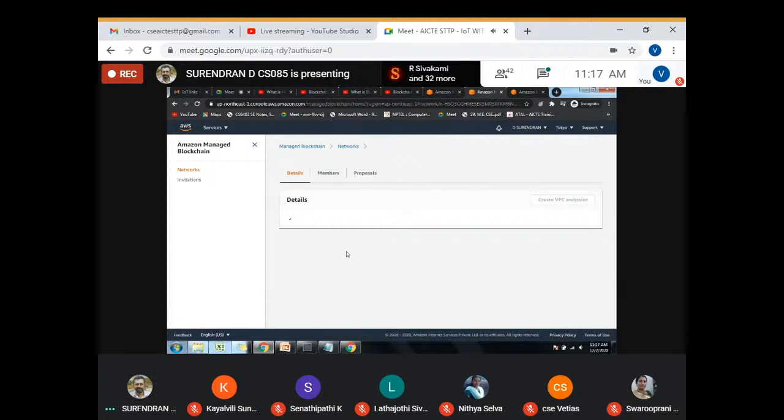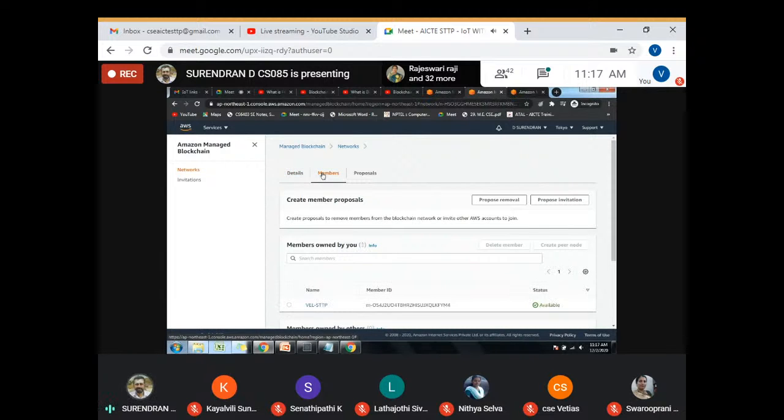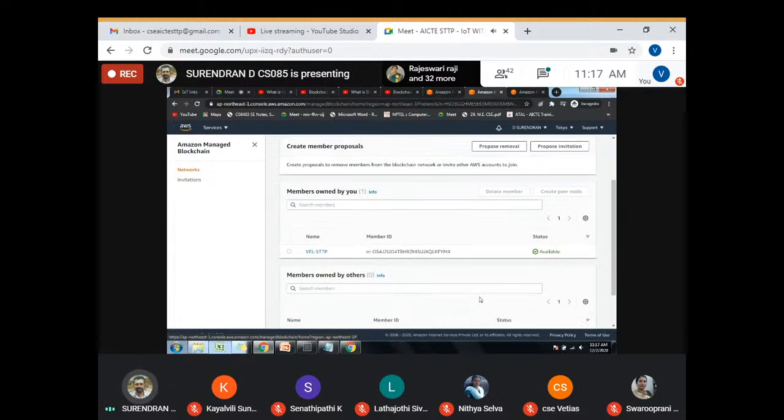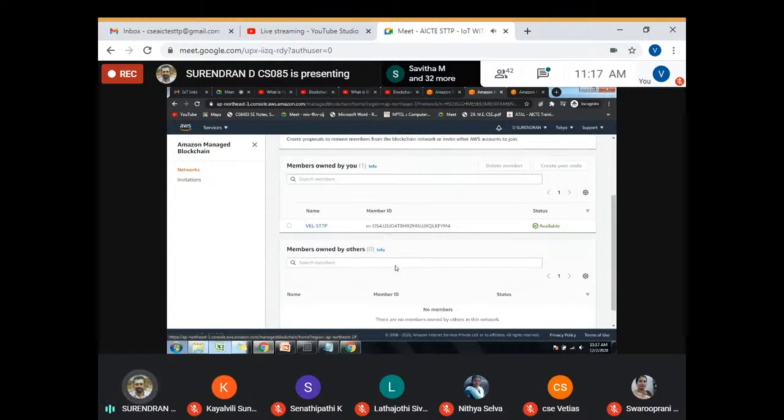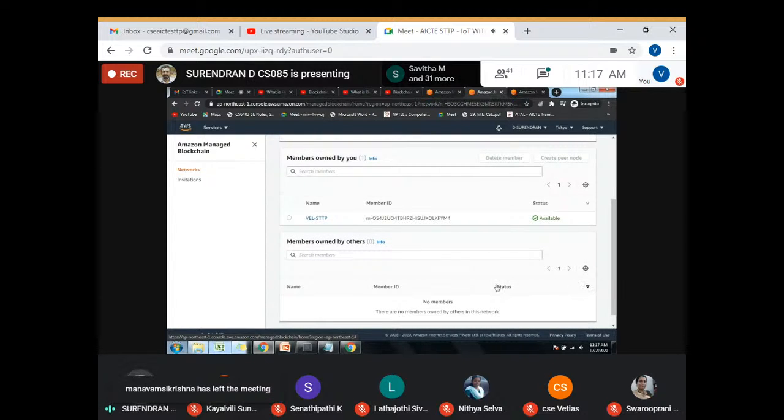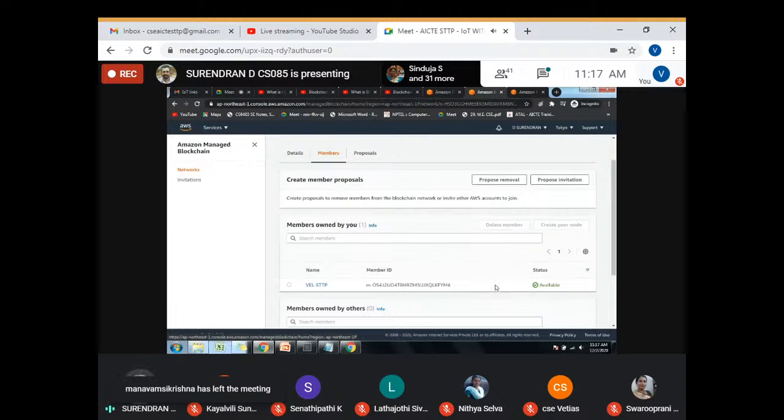So here it is pretty simple. We need to very clearly understand. Now here I can edit. This is my member ID and the name. This is owned by me, and the members of others will be listed here if I'm going to share this, right? Now you have members.